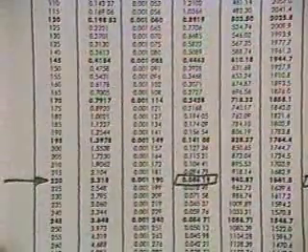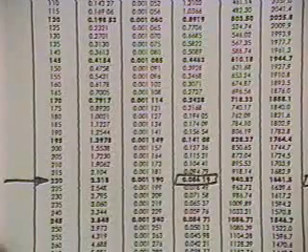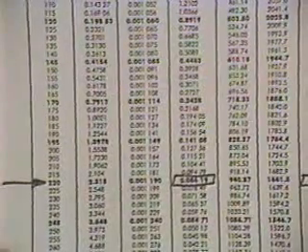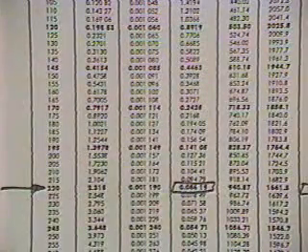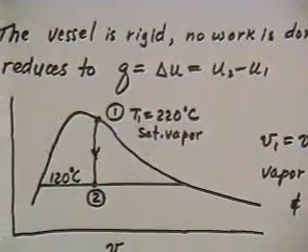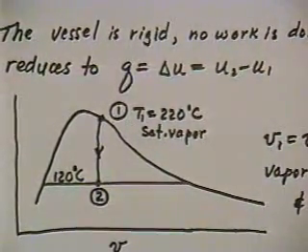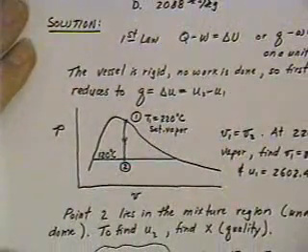So we're getting these numbers directly off the thermodynamic tables on page 48 for water, and this gives us the saturated vapor condition, the volumes as well as energies.